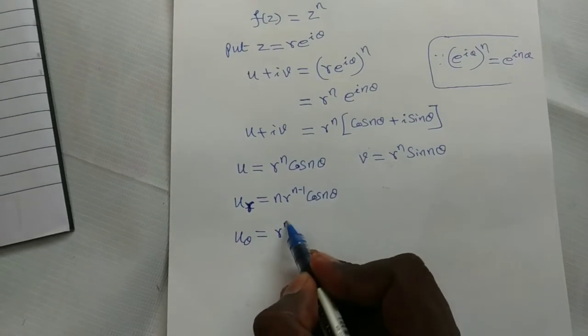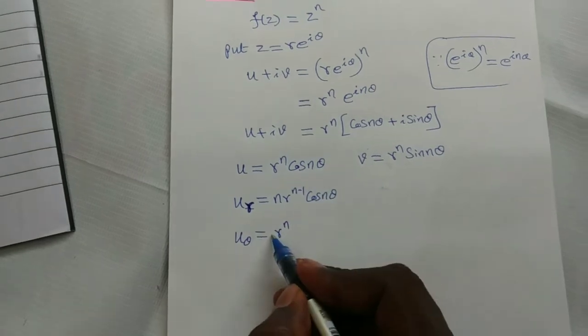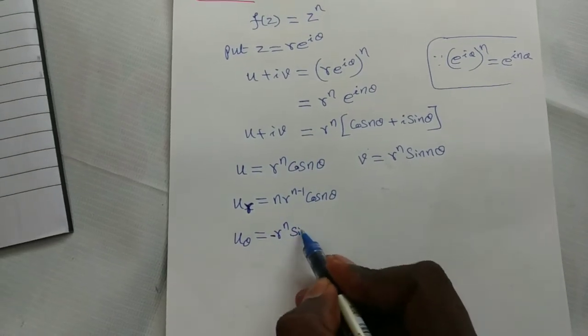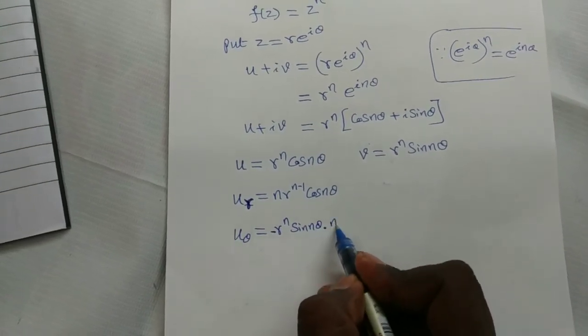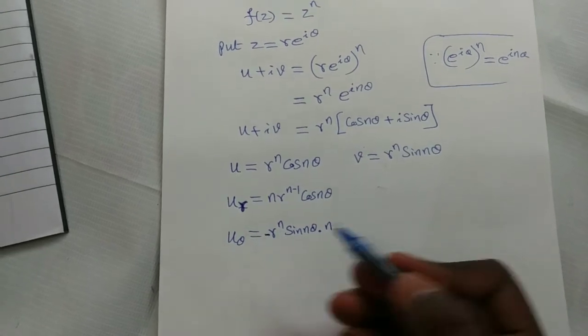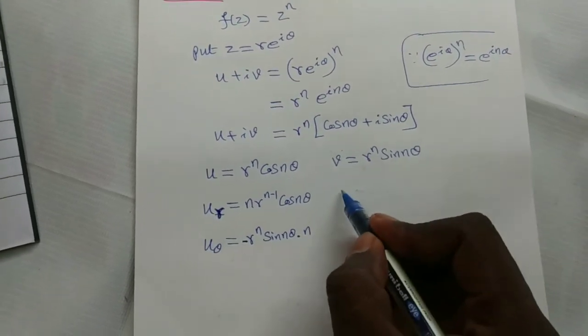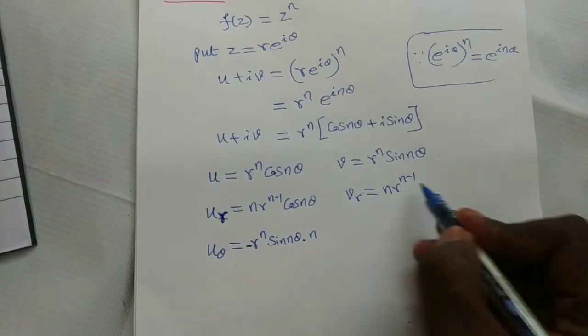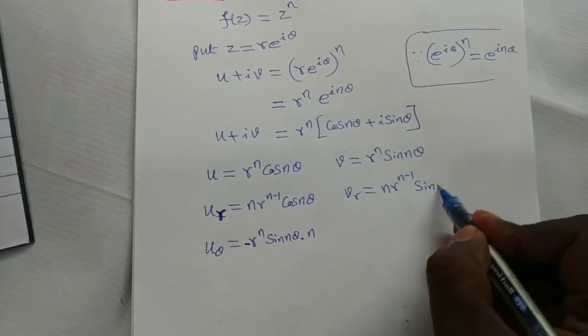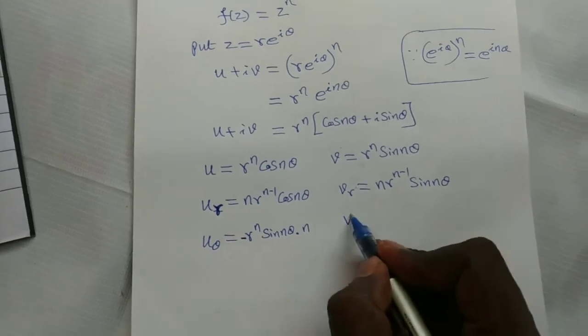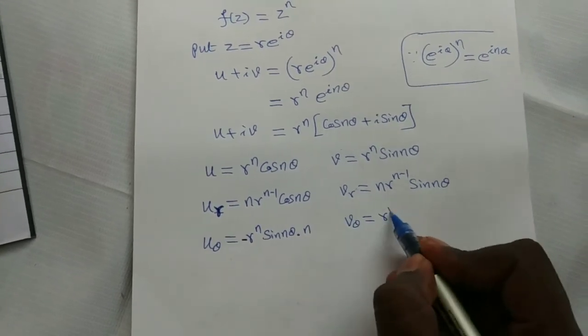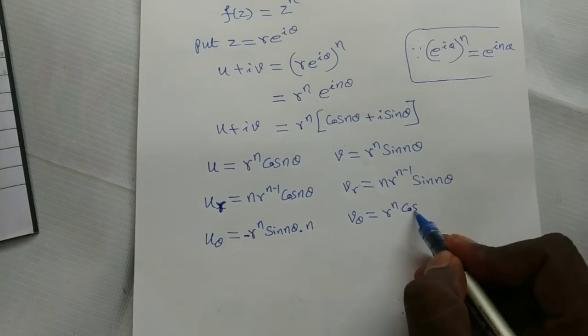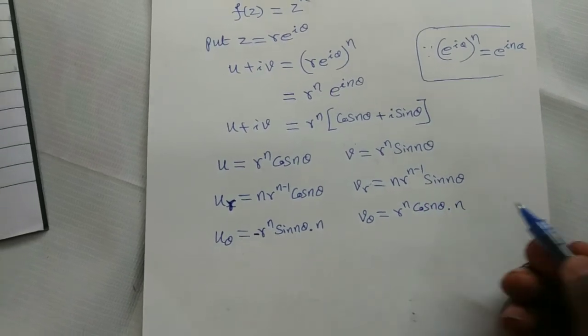So r power n into the derivative of cos n theta, which is minus sin n theta into n. And here vr is n into r power n minus 1 into sin n theta, and v theta is r power n into cos n theta into n.